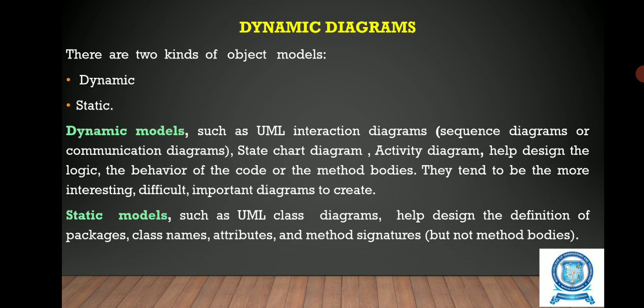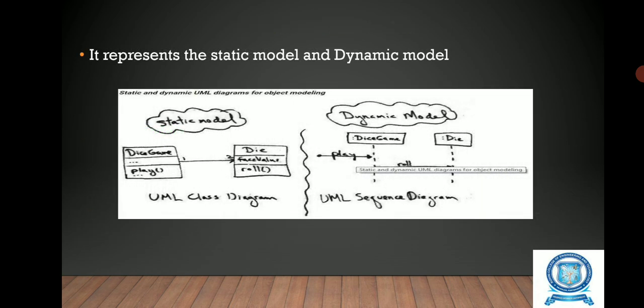The static models, such as UML class diagrams, help us to design the definition of packages, class names, attributes and the method signatures, but not the method bodies. Consider this diagram which represents a static model and a dynamic model.